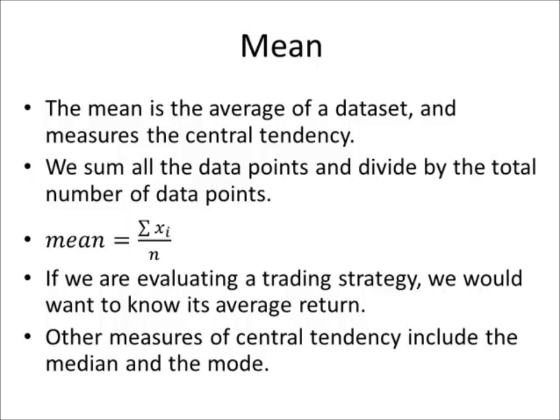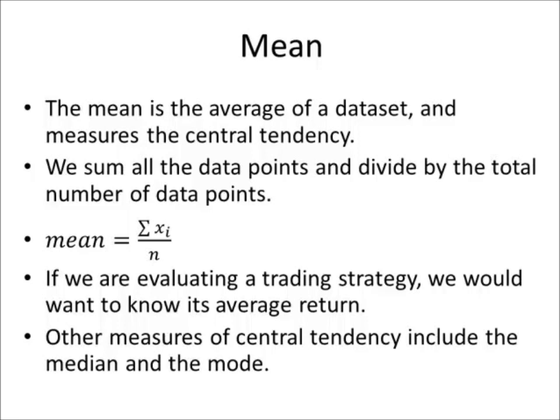Now how do we calculate the mean? Well, what we do is sum all of the data points and then divide by the total number of data points. So in this case, if we look at the formula, the mean is equal to sigma xi over n. What does this mean? Sigma means the sum, and x subscript i means each data point.